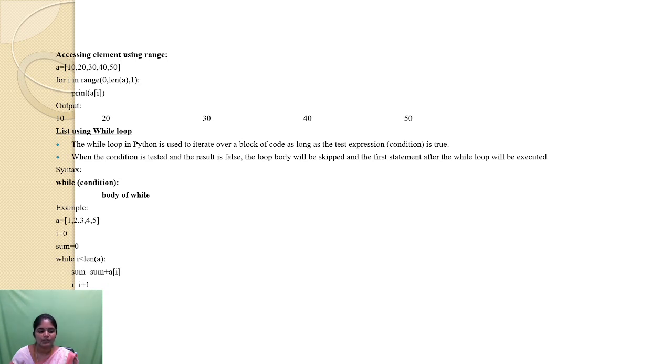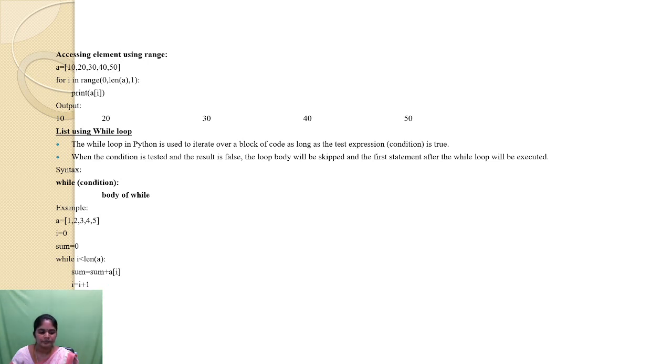So what's the syntax for the while loop? While condition, then the body of the while. Here I include one example: A equal to 1, 2, 3, 4, 5. For the first iteration, I equal to 0 and sum equal to 0, while I less than len of A. Here len of A is 5.